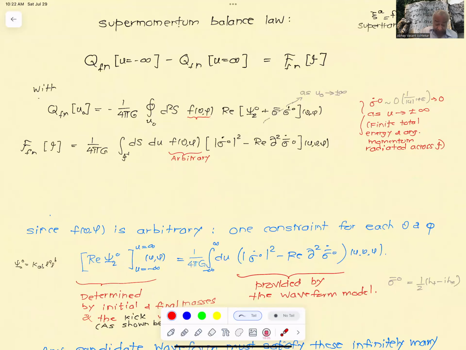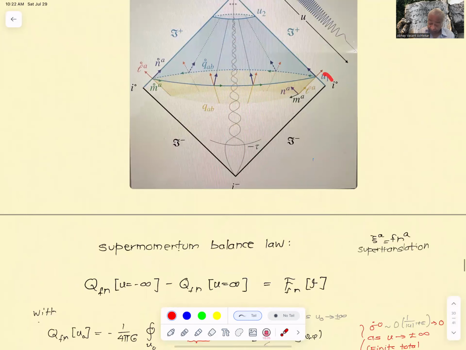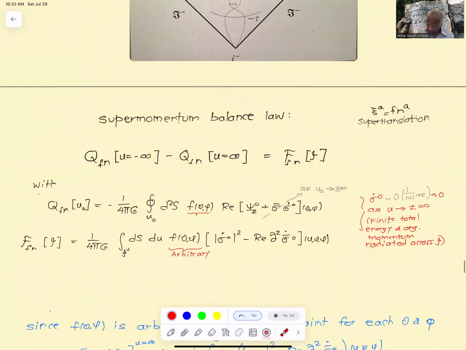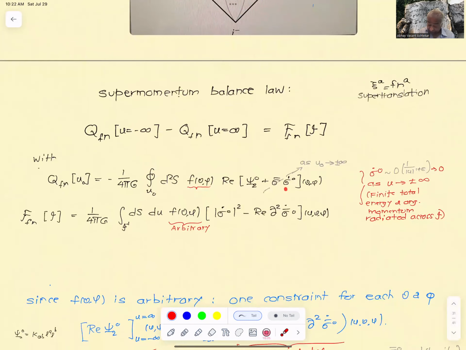Now the charge is just given by the integral on a 2-sphere of the weighting function of the supertranslation, the conformally weighted function f, times the real part of psi 2 plus sigma bar dot. Now at minus infinity and plus infinity, this term disappears because sigma dot goes like 1 upon u to the 1 plus epsilon.